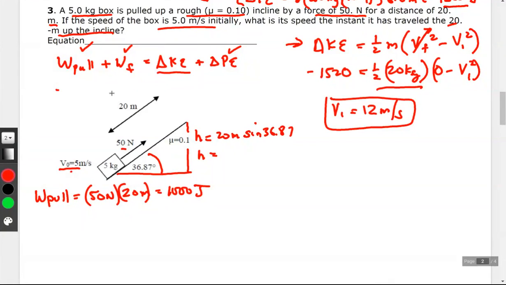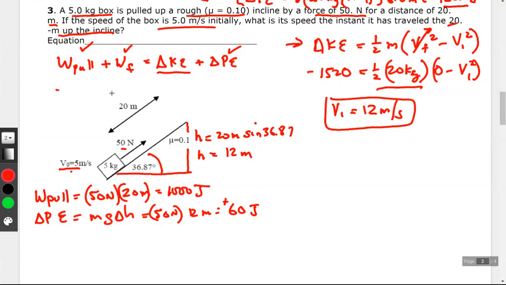This turns out to be 12 meters. That's going to help me find my change in PE. Again, I'll do it off to the side. Change in PE equals mg delta H. The m is 5. 5 times 10 is 50 newtons times the 12 meters. That's 60 joules of increase in potential energy.